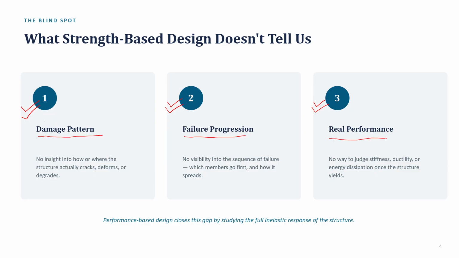We don't have any real performance picture here. We can't judge the stiffness, the ductility, or the energy dissipation once the structure yields. And that's why performance based design came into the picture. Performance based design fills this gap.